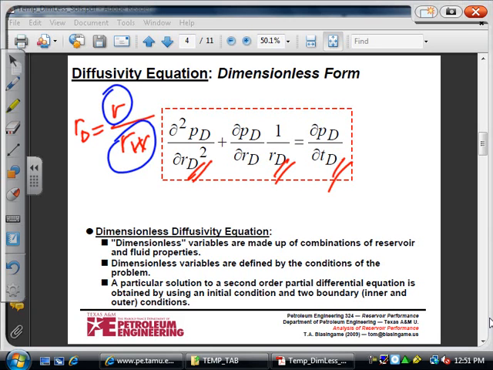numerically. If you solve this equation numerically, then you can write a reservoir simulator. If you look at the reservoir simulators, all of them are based on the solution of this equation. This is the building block.